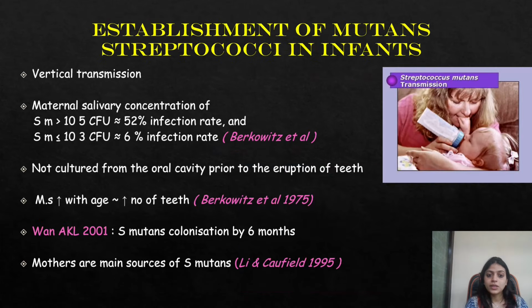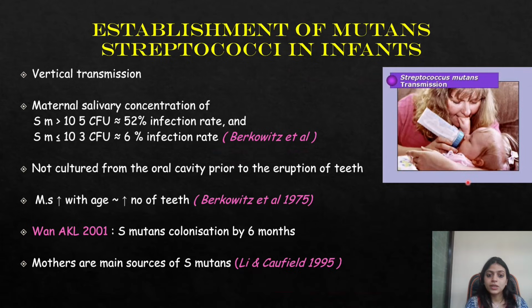Okay. Then establishment: it can be transmitted vertically as well as horizontally. Vertical transmission takes place from the mother. It is seen that maternal salivary concentration of Streptococcus mutans affects the infection rate in infants. Okay, and it is not cultured from the oral cavity prior to eruption of teeth.